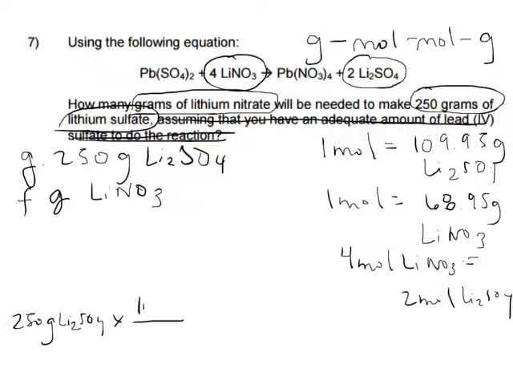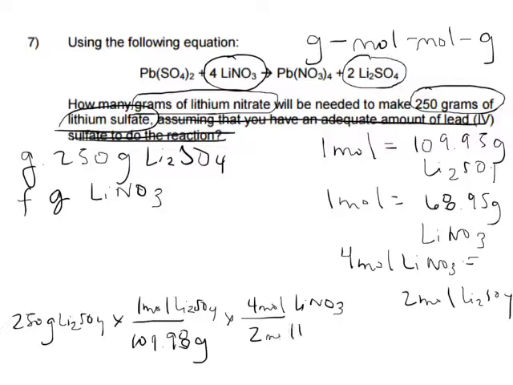So 1 mole of lithium sulfate is equal to 109.98 grams. Next, I'm going to plug in the mole ratio to move from the lithium sulfate to the lithium nitrate: 4 moles of lithium nitrate over 2 moles of the lithium sulfate.